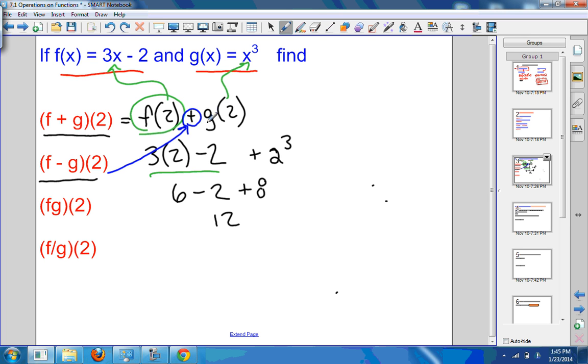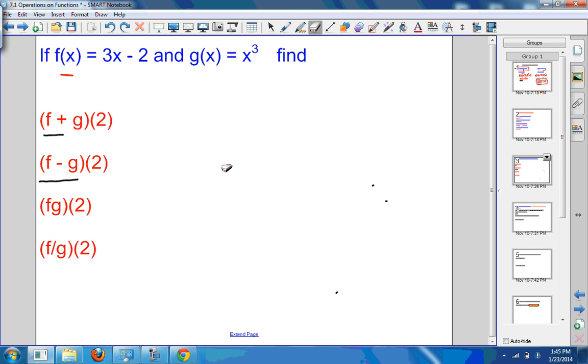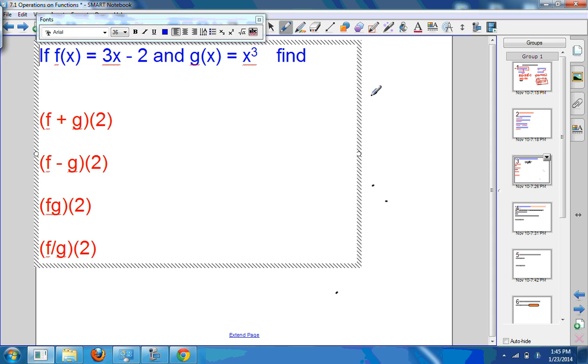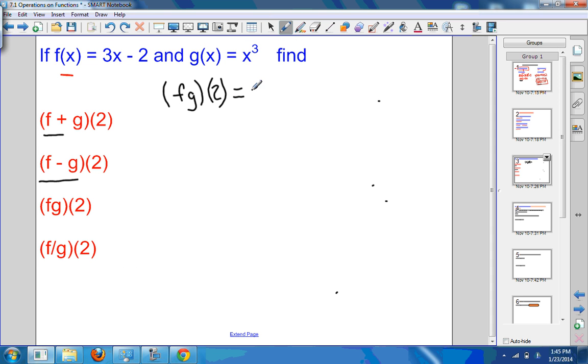Multiplication and division might be a little bit different. Let's take a look at it. I'm going to erase this. All right, so multiplication, we have fg of 2. Now what that is, I'm going to take f of 2, and I'm going to multiply it by g of 2. All right?